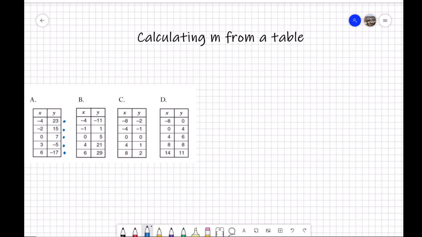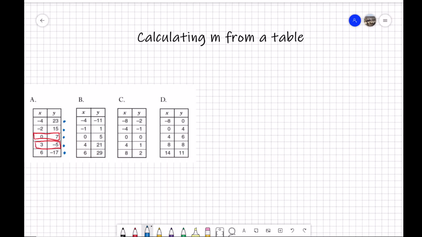And I said that we're going to choose only 2 points. I'm going to choose this point 0,7, and I'm going to choose this other point 3,-5.